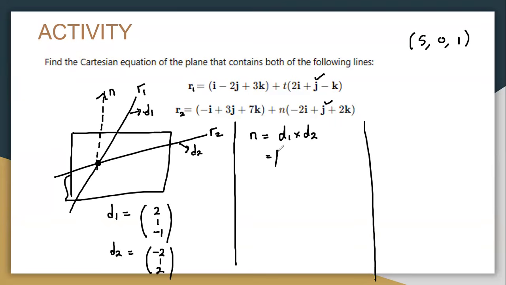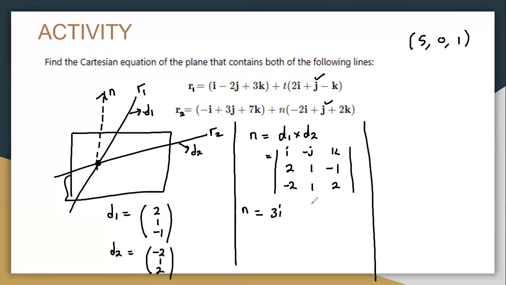So we are going to cross that. I have i, negative j, and k. So this is 2, 1, negative 1, negative 2, 1, and then the 2. So we get our normal vector. When we eliminate i, I'll have 2 minus 1, which gives us a 3. So we shall have 3i.